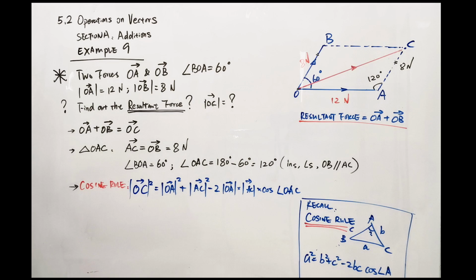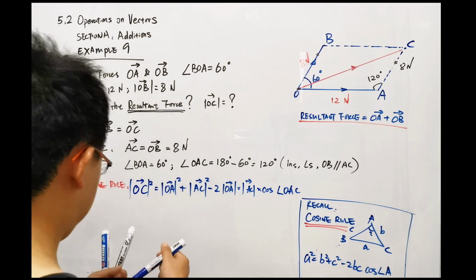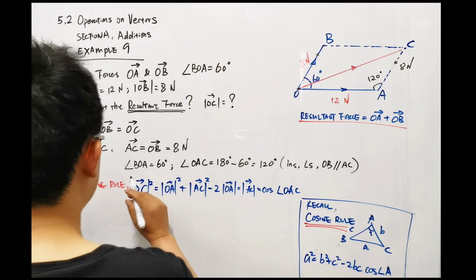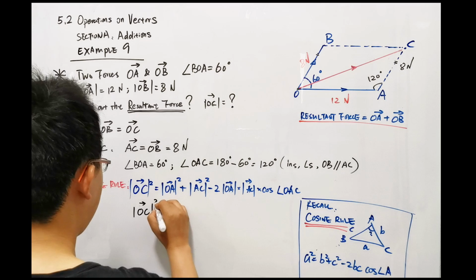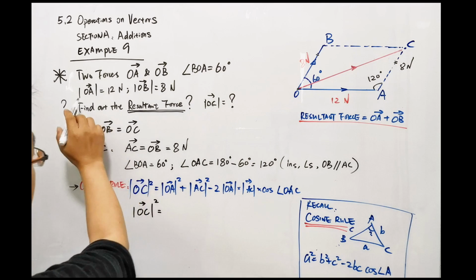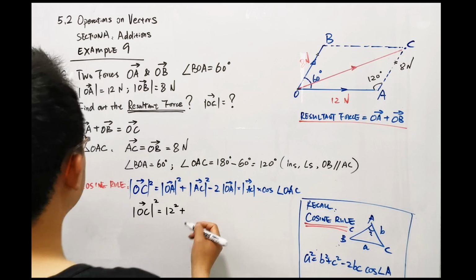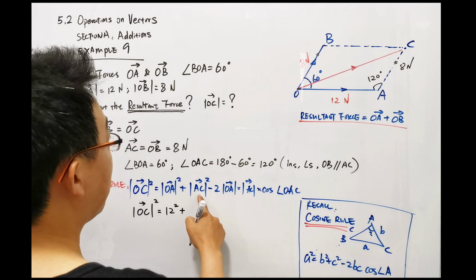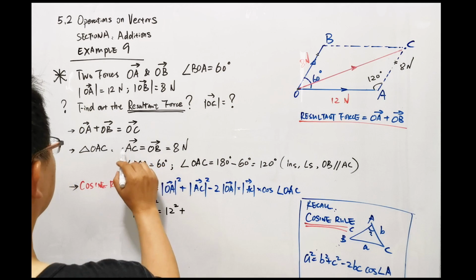So in this case, we can bring in them. So in this case, OC squared equals to OA. So what is OA? OA is here, right? So it's 12 squared plus AC. So what's AC? AC we already know, right? AC is here.